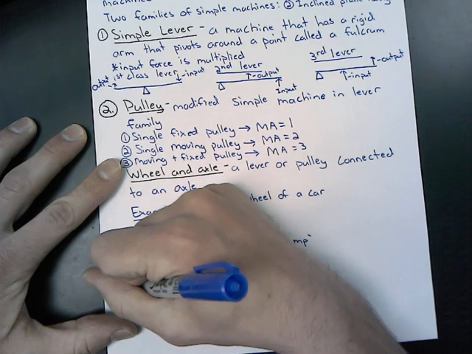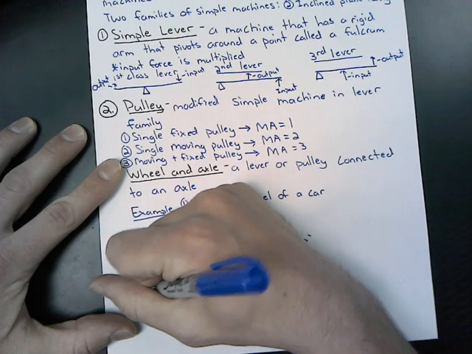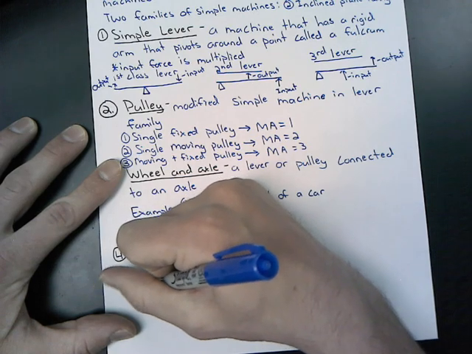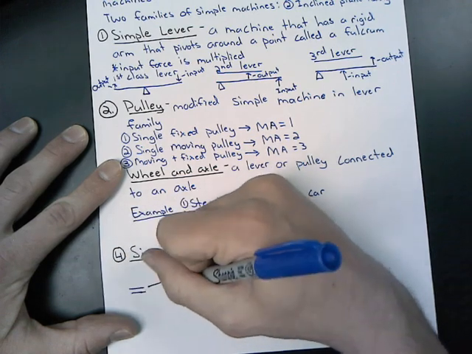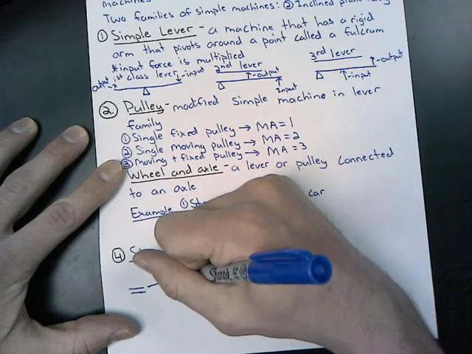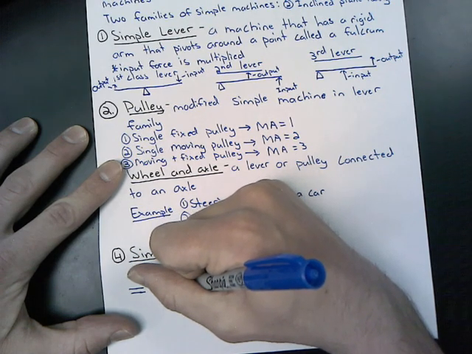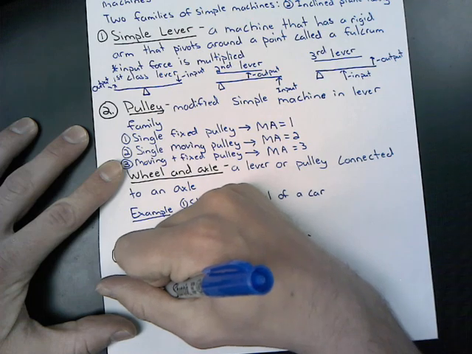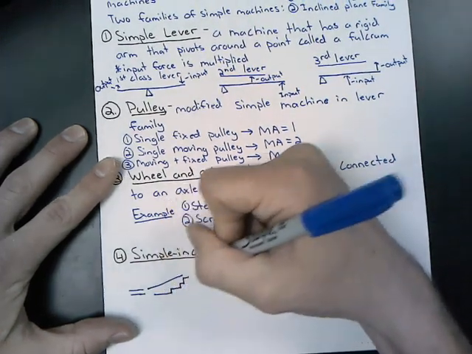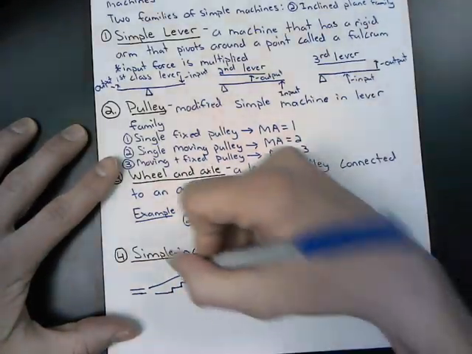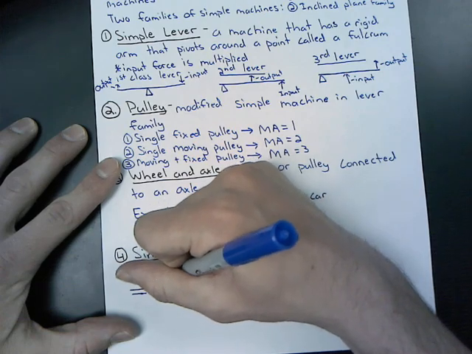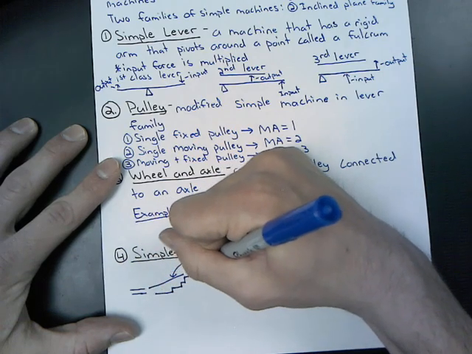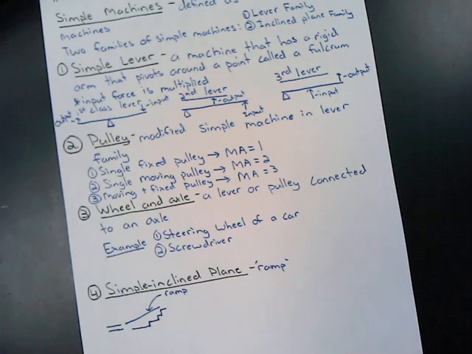Let's say we have a sidewalk, and then we have a ramp that leads up to a series of stairs. Again, this ramp is a simple machine. So I'm going to label that because I know my drawing's pretty poor. And I'm going to show you an example.